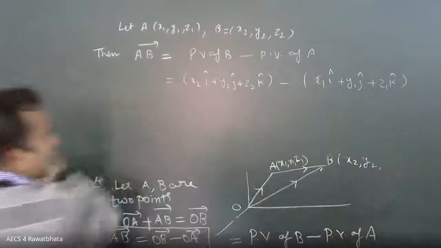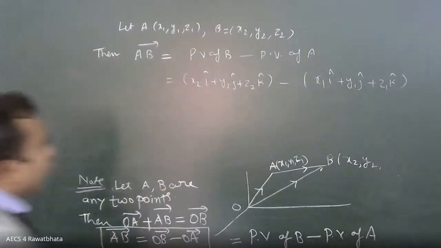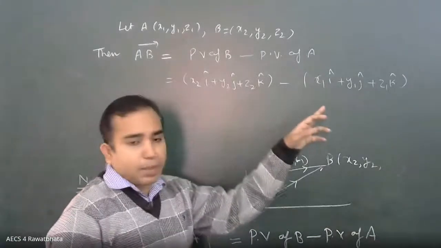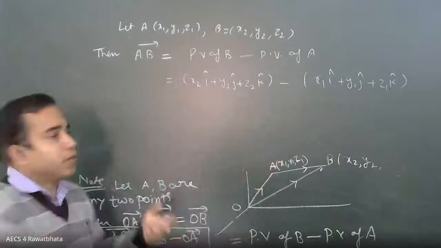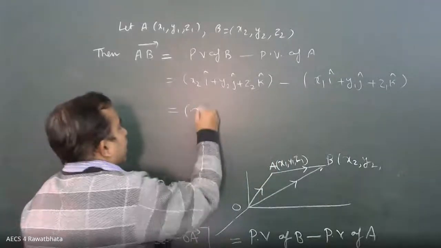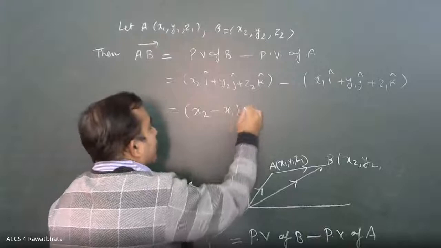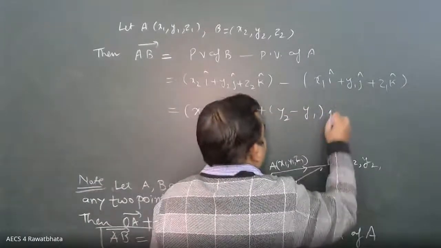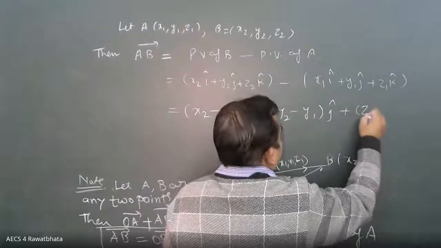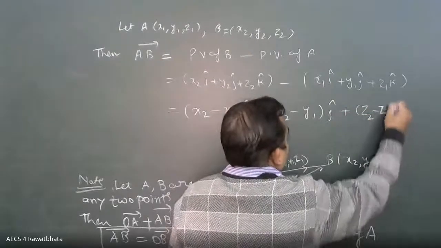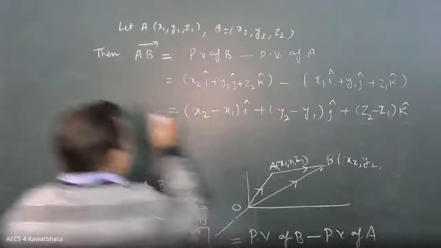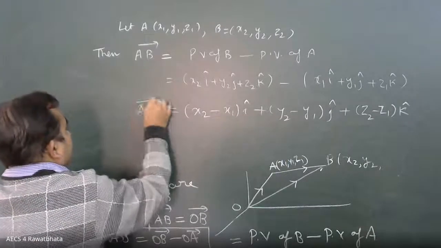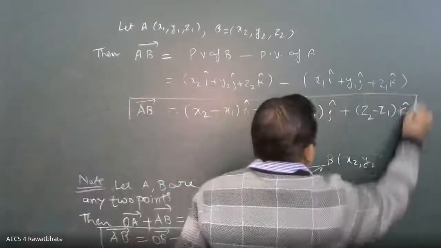The notable thing is that i cap multiplies, so i can be taken common. Taking i common, x2 minus x1 i cap plus y2 minus y1 j cap plus z2 minus z1 k cap. You will get this, which is AB vector.